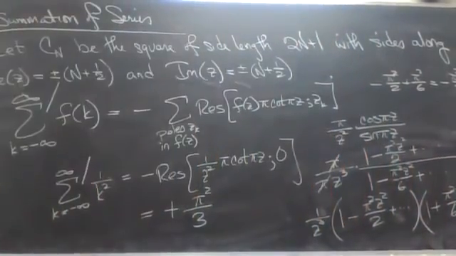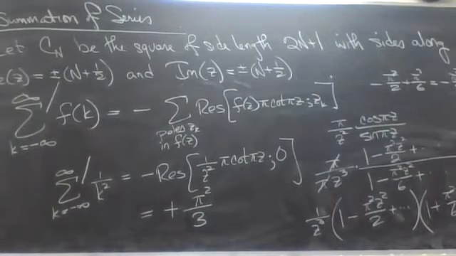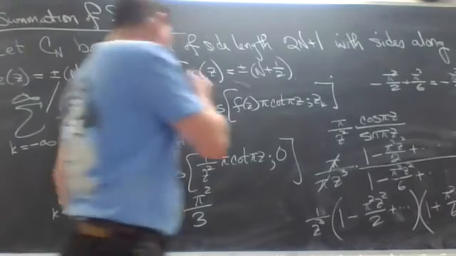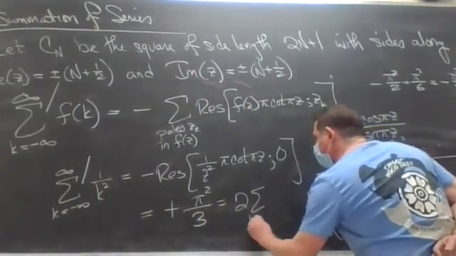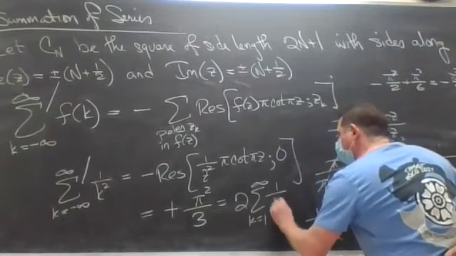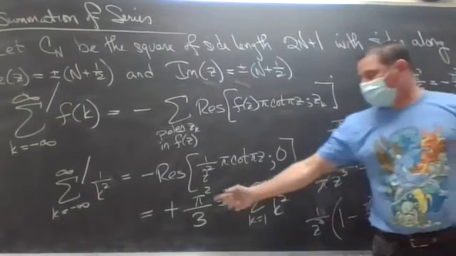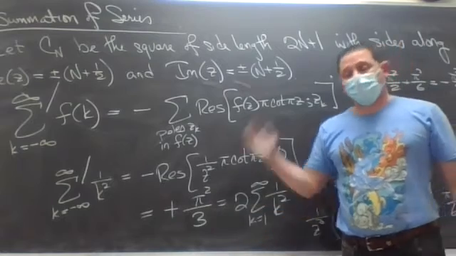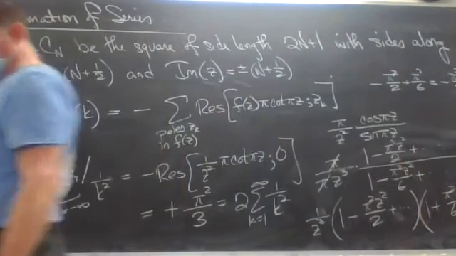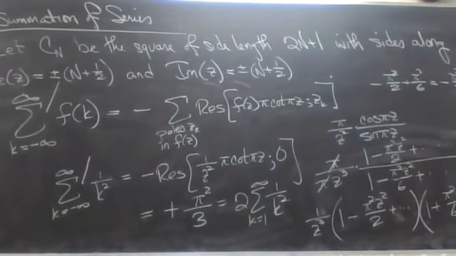Since we're doing k squared, and the square of a negative number is the same as the square of that positive number, this is equal to 2 times the sum from k equals 1 to infinity of 1 over k squared. Dividing by 2 gives us pi squared over 6, the well-known result from Euler. Okay?